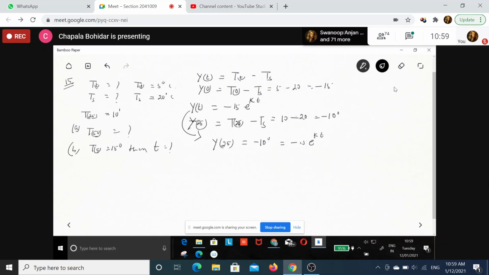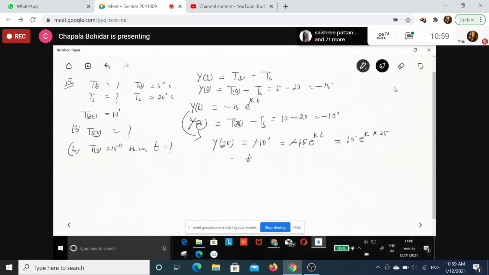So we get this value, minus 15, y of 25, minus 15 e to the power kt, is not it? Find out the value of k. Sorry, here you have to write 25, e to the power k into 25.